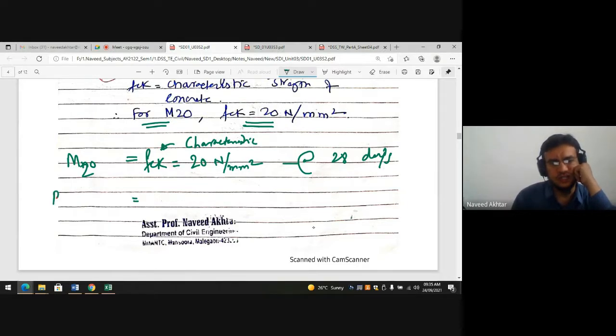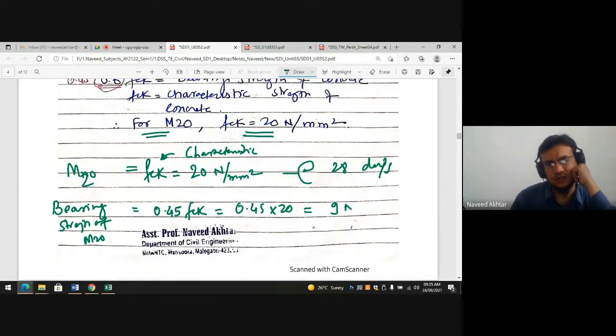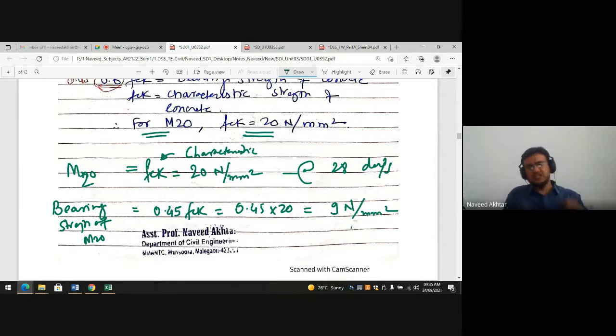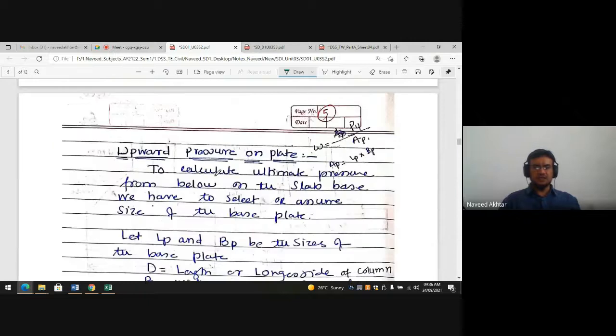If we find the bearing strength of M20 concrete, it is 0.45 fck, which is 0.45 into 20, coming to about 9 Newton per mm square. So it is very less. The bearing pressure on the concrete is very less compared to the steel, and that's why we are going for the slab base.